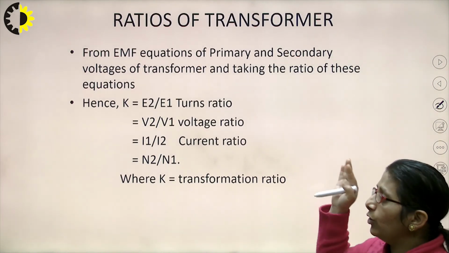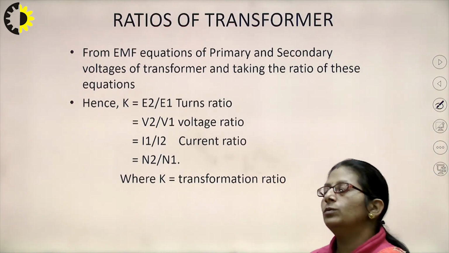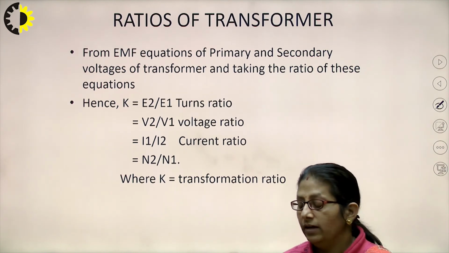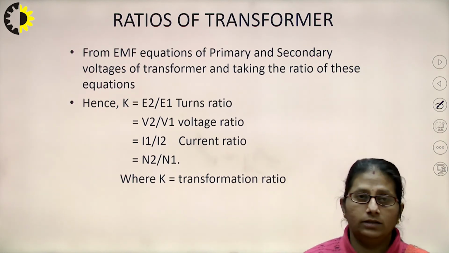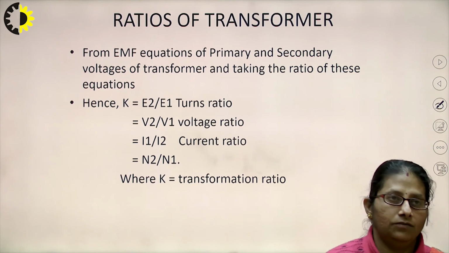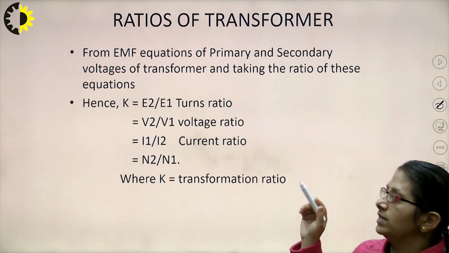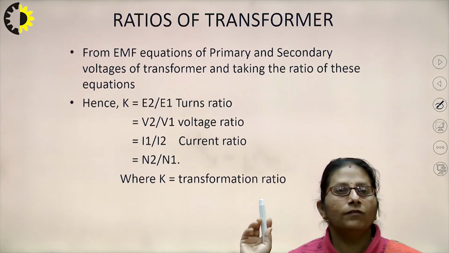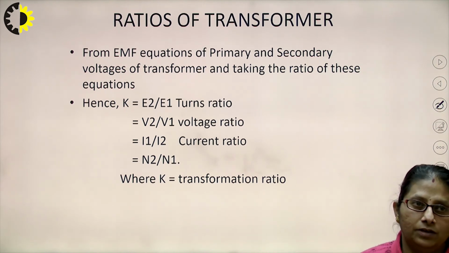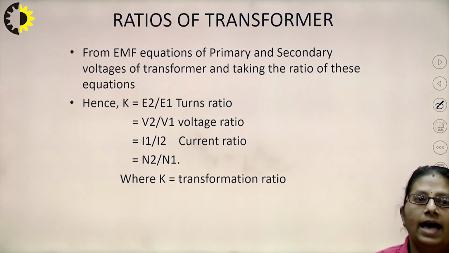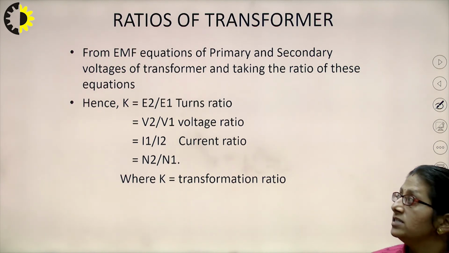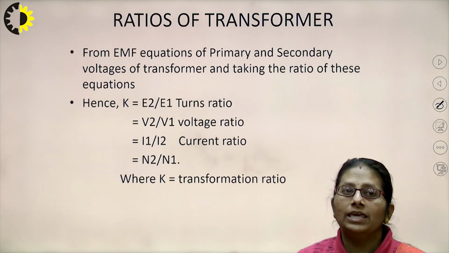Now just continuing on with the EMF equation, right. Now we have seen both the EMF equation of the primary and the secondary. Now going for the ratios of the transformer, if you see from the EMF equations of the primary and secondary, the voltages of the transformer, and now taking the ratios of these equations, if I just do E2 by E1, right.